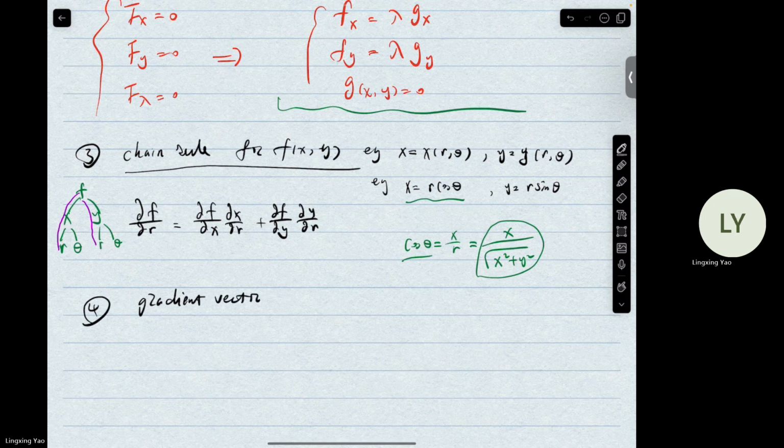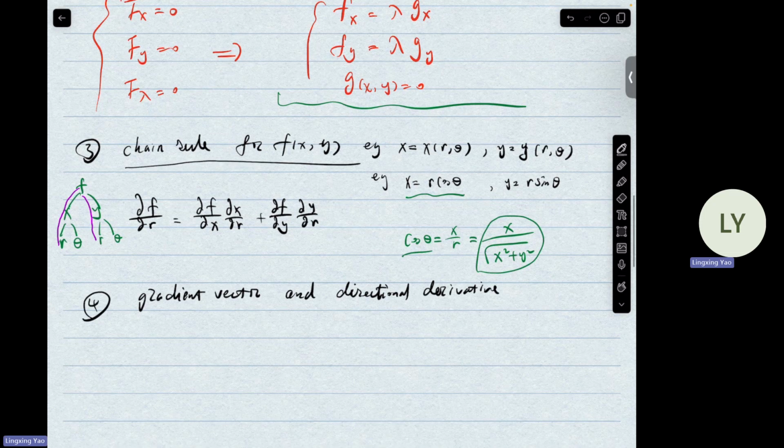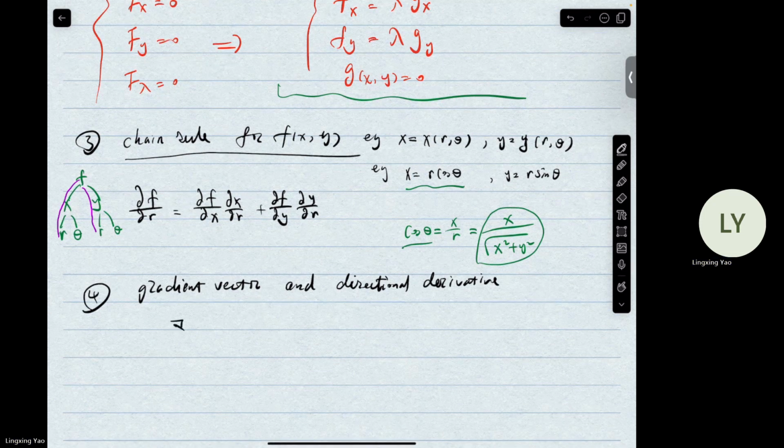vector and the directional derivative. The directional derivative is indeed a special application of this gradient vector, and we need to know how to compute all those important terms.